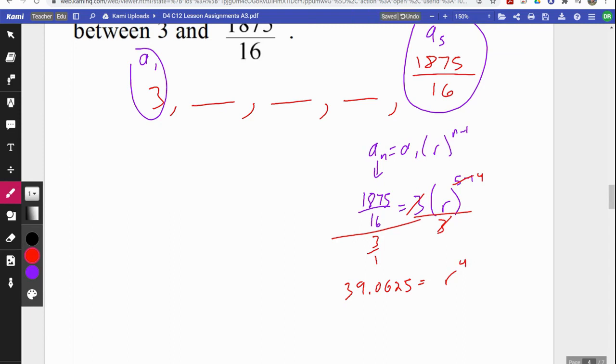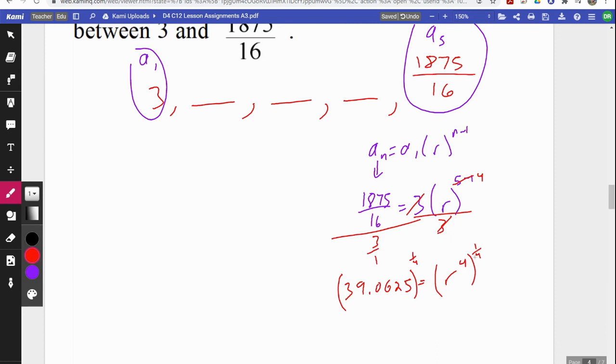What we want is to get rid of this exponent just to see what r is, and then we can use r to fill in these blanks. To figure out what r is, it has an exponent of 4. I need to get rid of the exponent, so raise it to the 1/4 power. What this does is this allows us to multiply these exponents because we have power to a power, and 4 times 1/4 is 1.